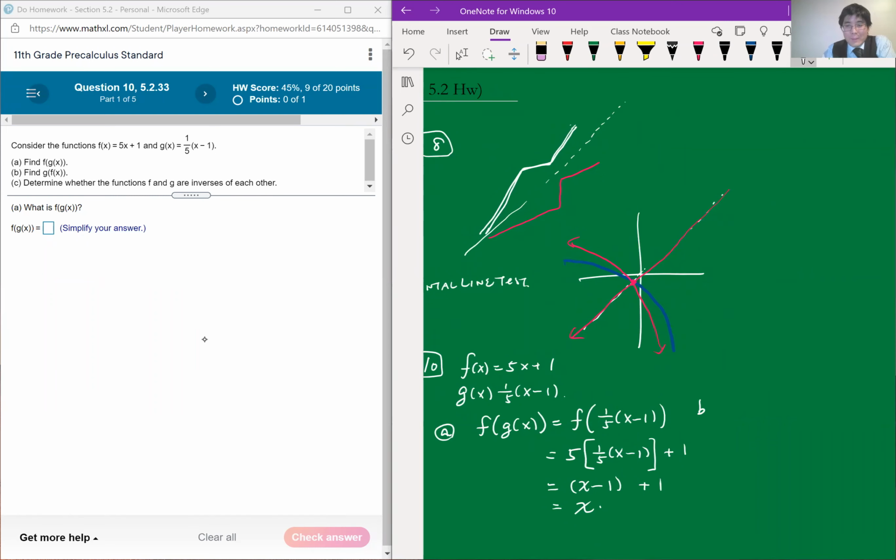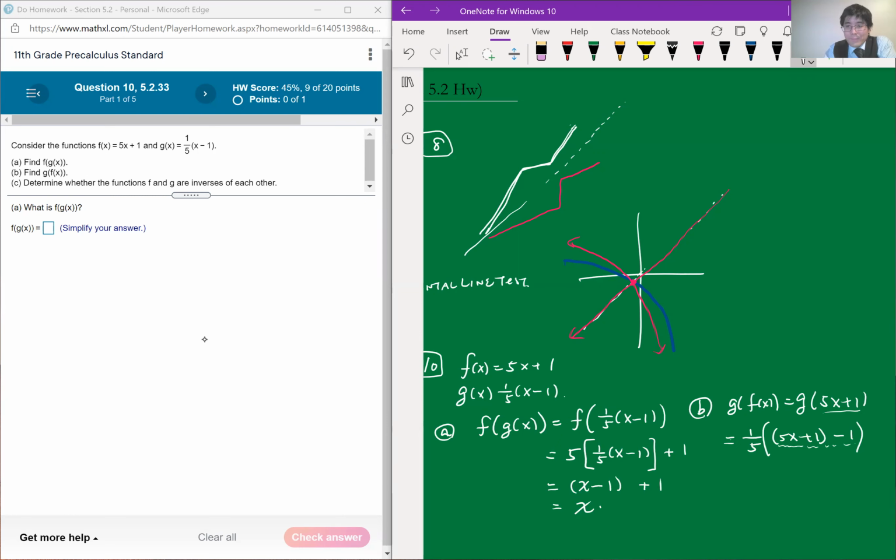Let's do part B. g of f of x, which is g of 5x plus 1. This is the input into the g function. So it is 1/5 times the input 5x plus 1 minus 1.